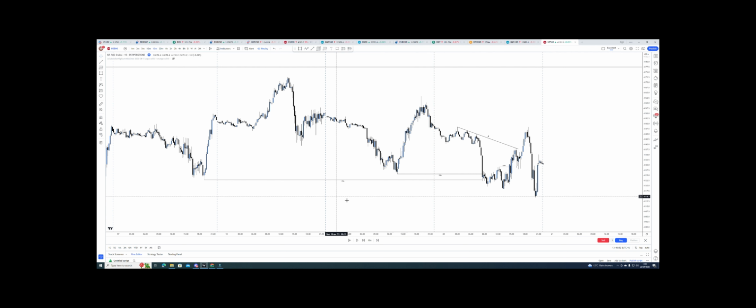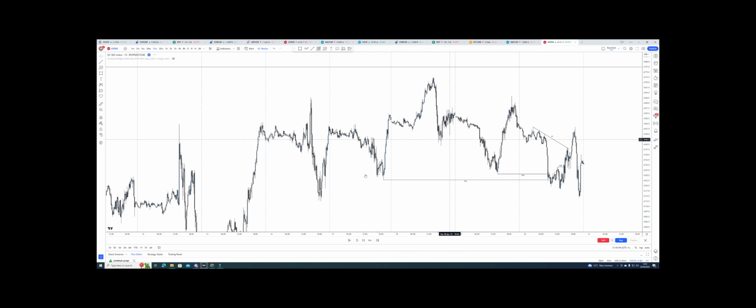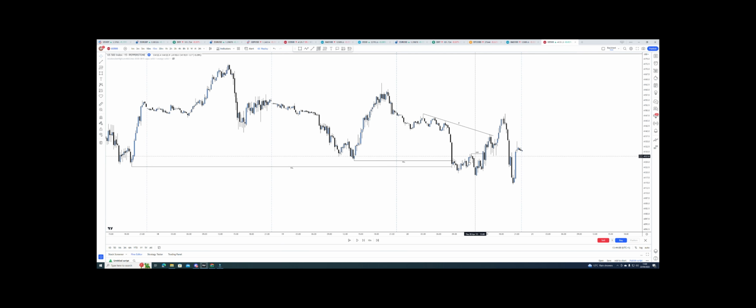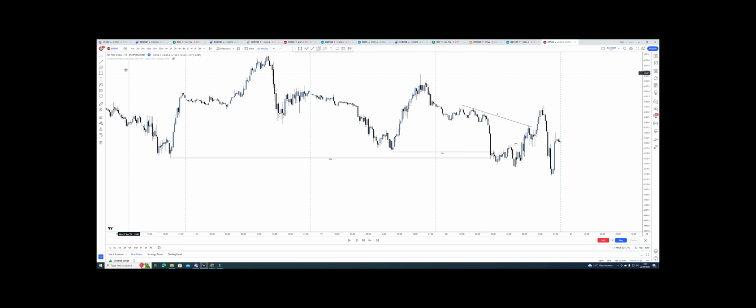If you are looking to trade the S&P 500, I'm fairly new to it myself. Always just hunt for that market maker buy and sell model. You can see here, look, we've had this as well, QM model, CHoCH, smart money reversal, market structure shift, it's all the same thing. And you've got the same thing here. Where's my smart money? Yeah, there.